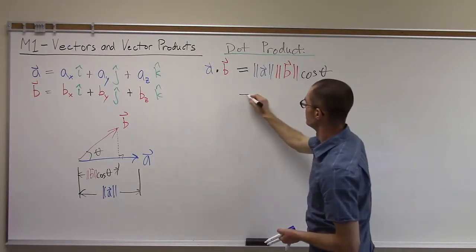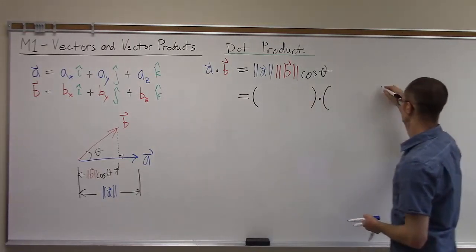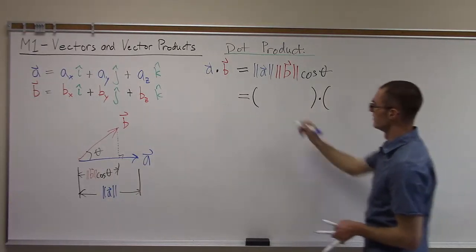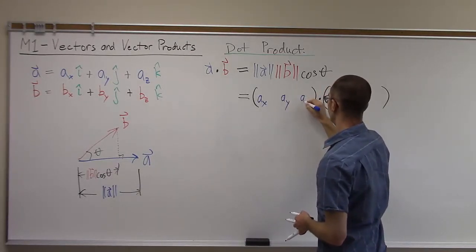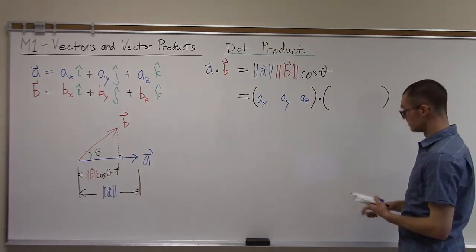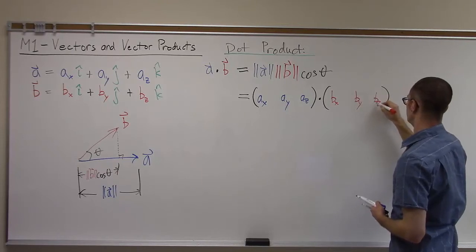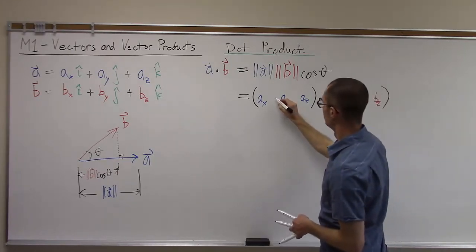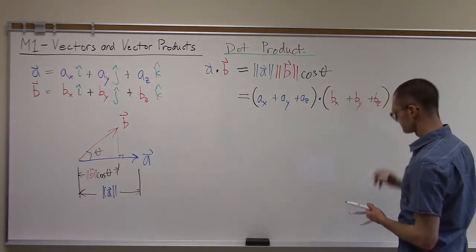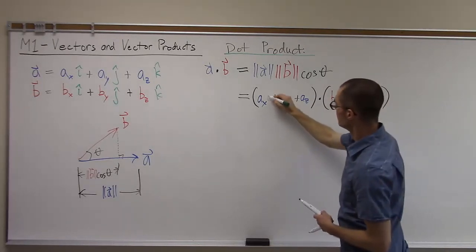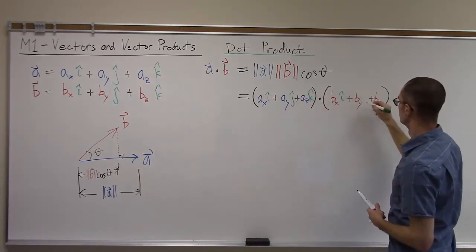Starting from that definition, we have these two vectors, A and B, expressed in their components, AX, AY, AZ, and BX, BY, BZ, as a sum of components in the X, Y, and Z directions.